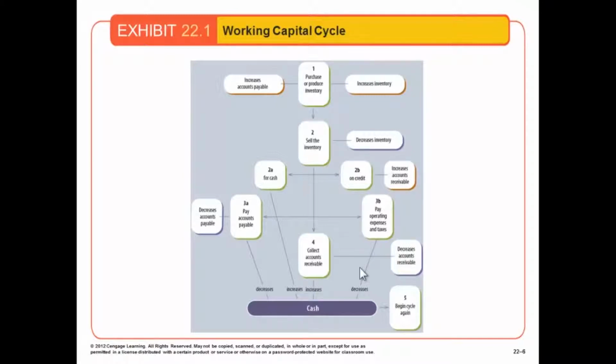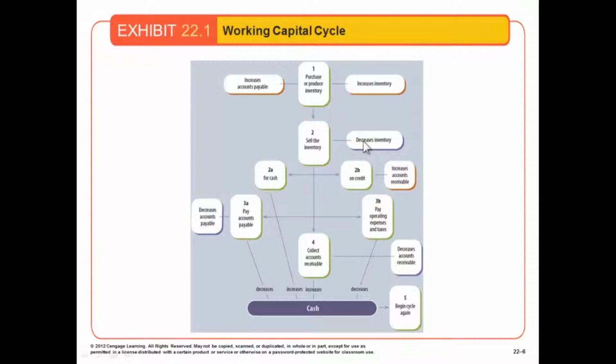So let's look at it in a little bit more detail. So step number 1, we purchase or we produce inventory. That increases our accounts payable. Here's just where we are right here on this chart. And then we increase our inventory. So we increase an asset, we increase a liability. We sell the inventory. That means we decrease the inventory.